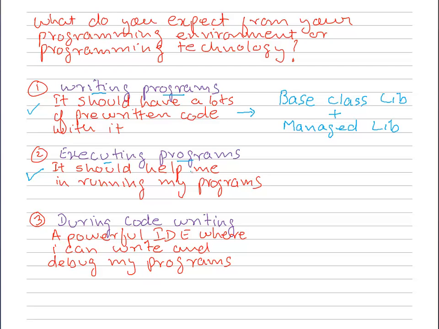So if the technology can help me with execution of programs, that would be great for me. In answer to this, the .NET framework gives you something called a CLR, which is the common language runtime.